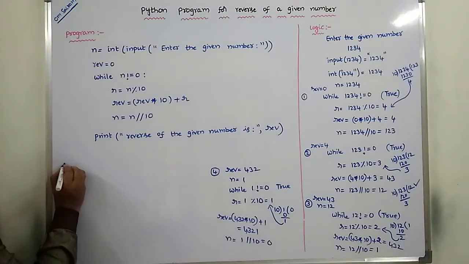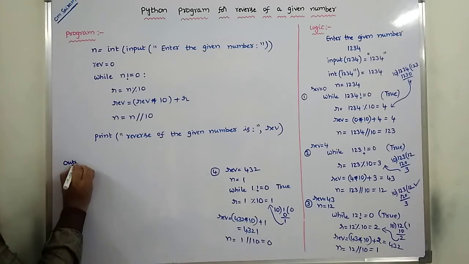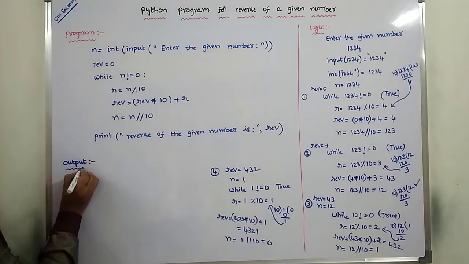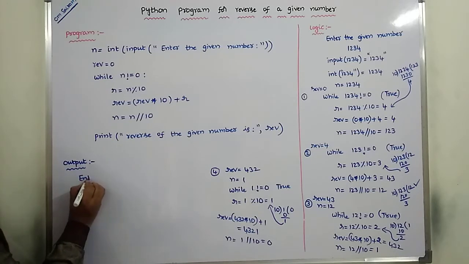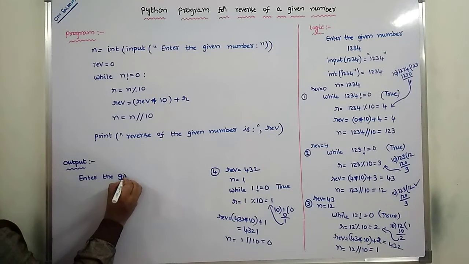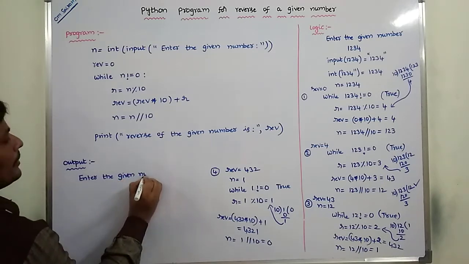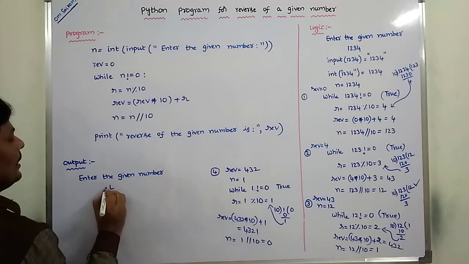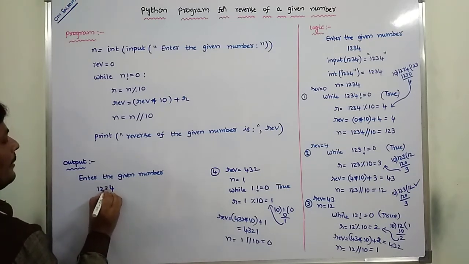Now we go for the output. Enter the given number: 1, 2, 3, 4.